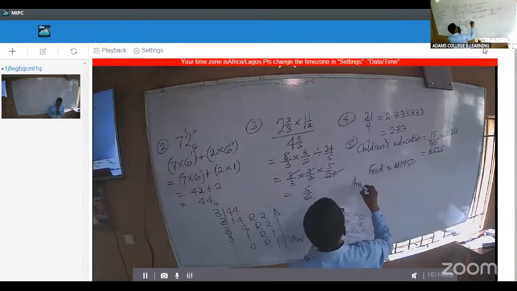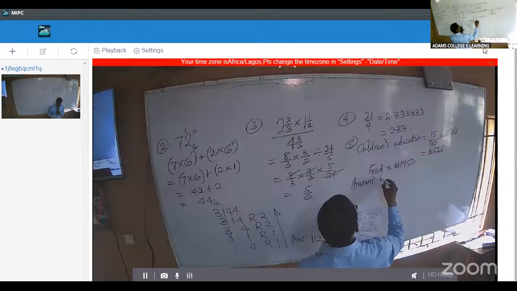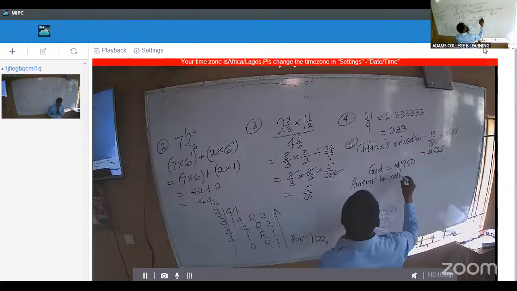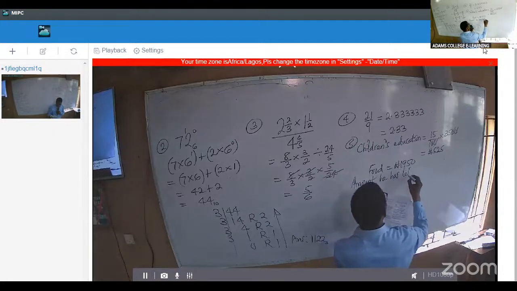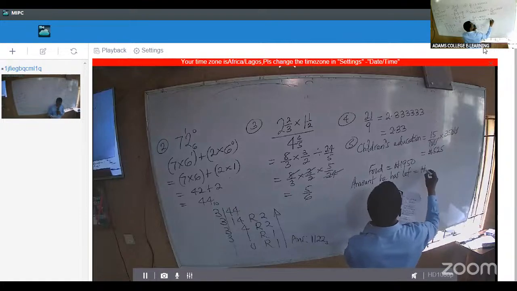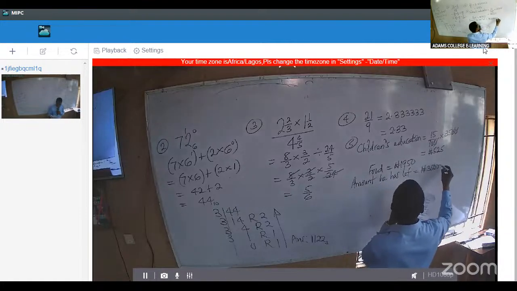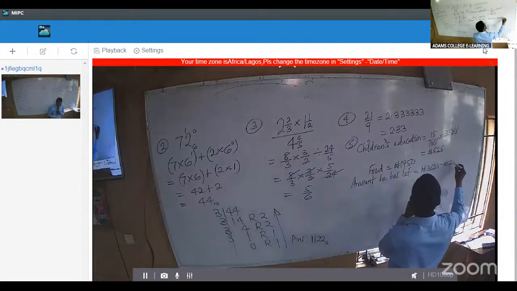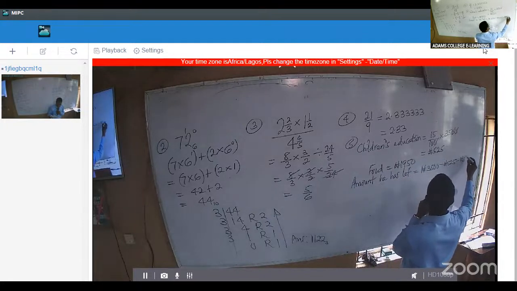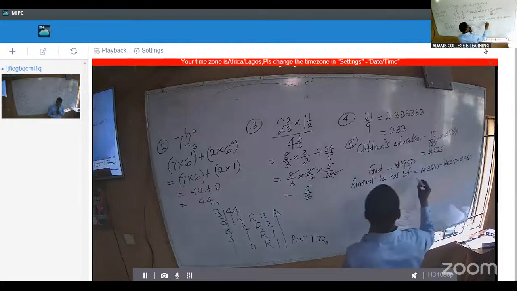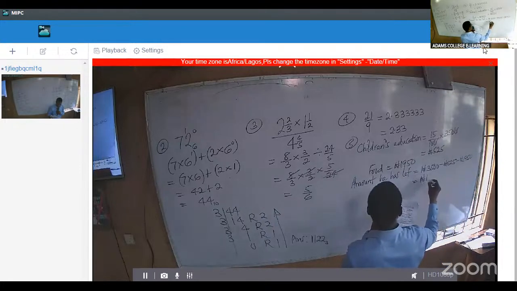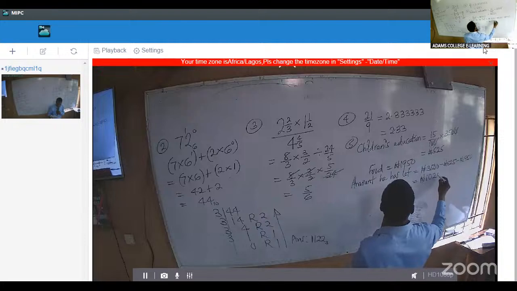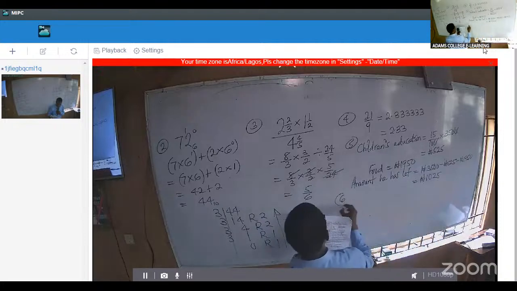The amount he has left. Total money he has at the beginning was how much? 3,500. He spent 525 for children's education and spent what again? 1,950. What did you get? 1,025.